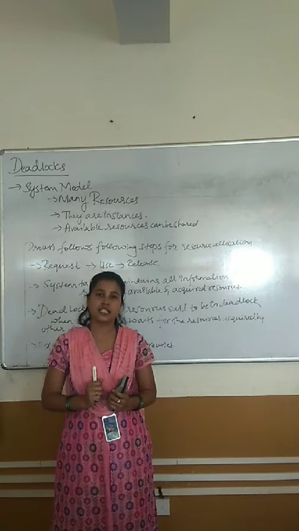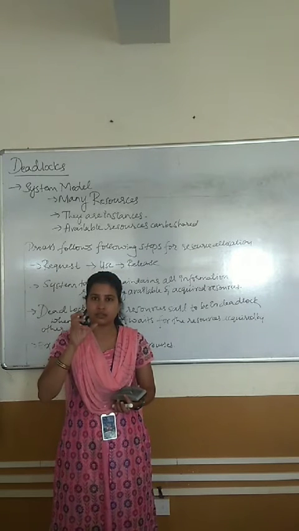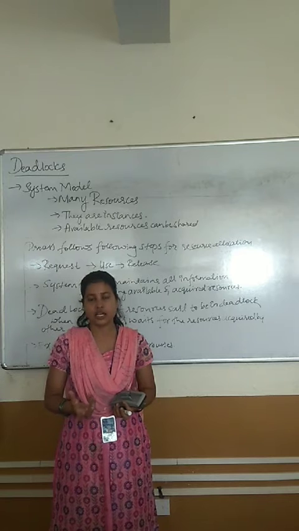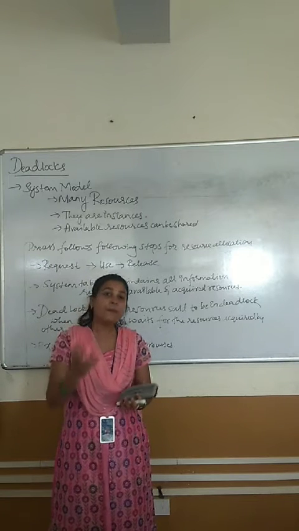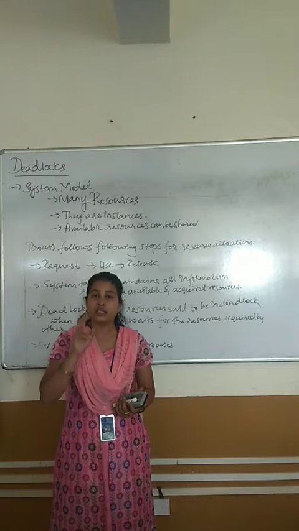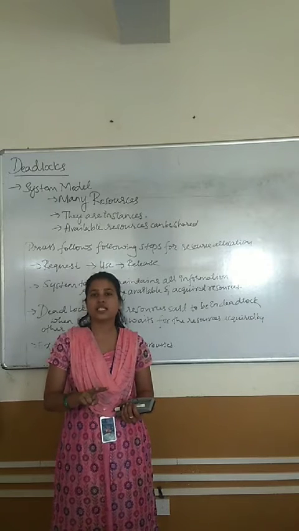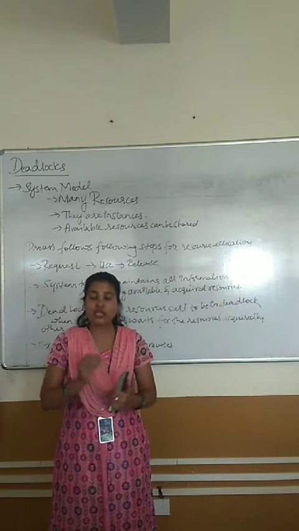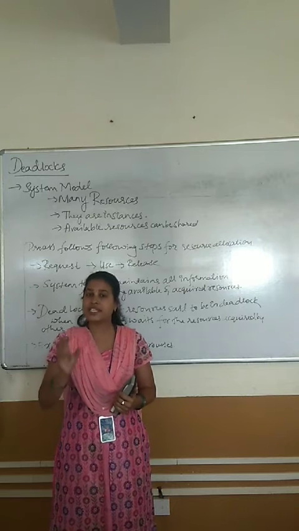What do we mean by instances? It means the number of resources. For example, when two printers are connected to a system, it is said that there are two instances of that printer, meaning the total number of resources of the same kind.